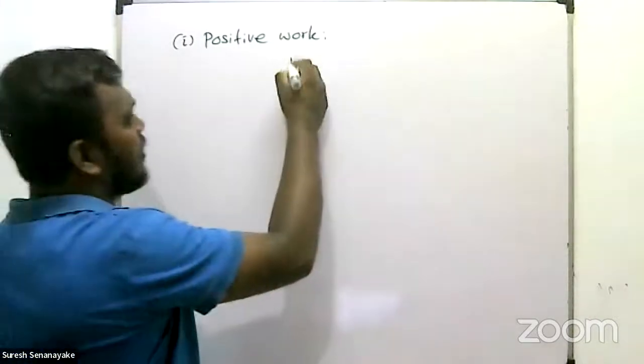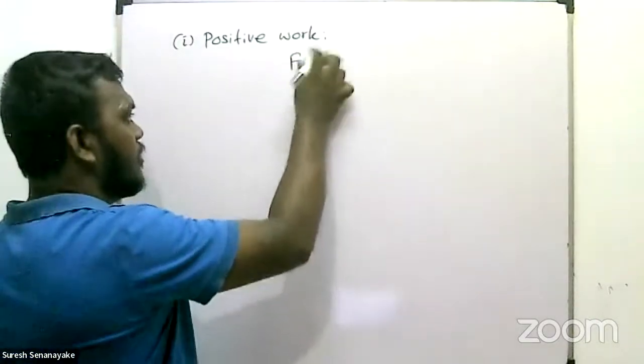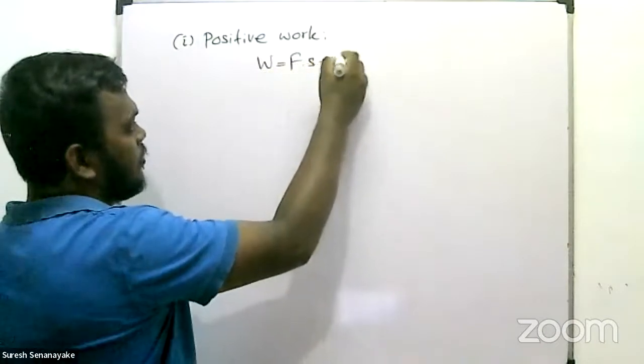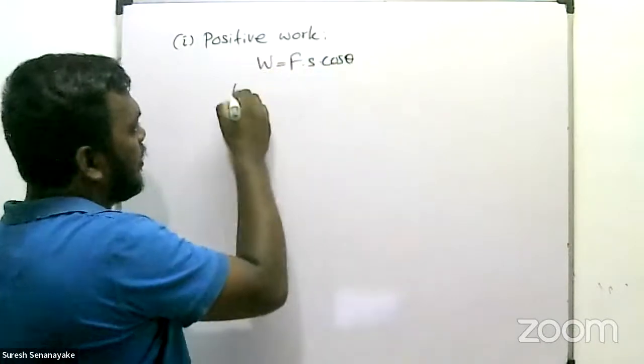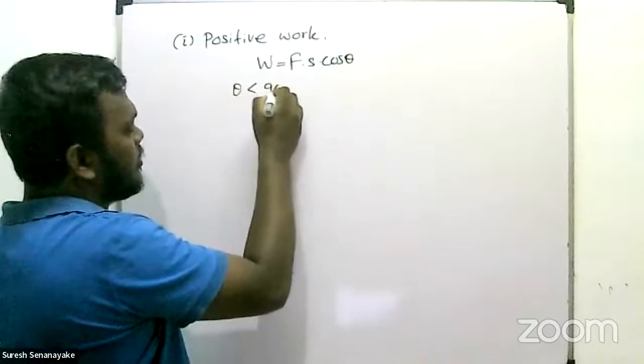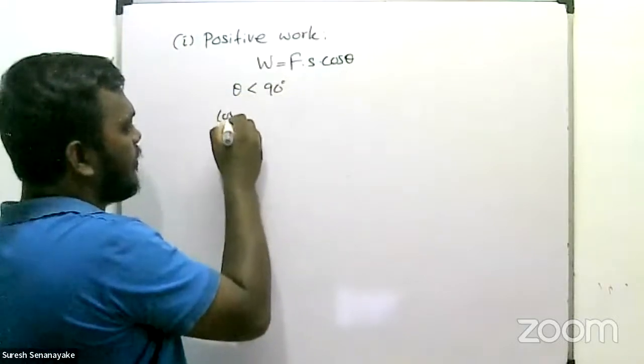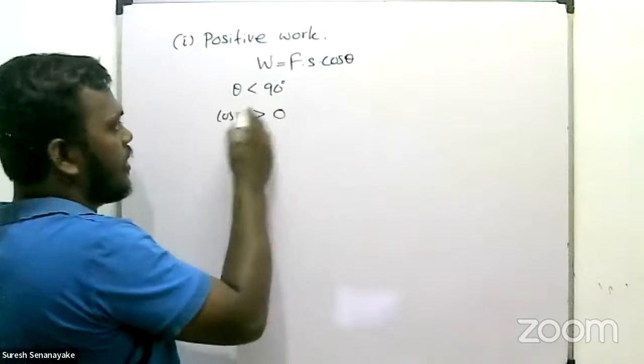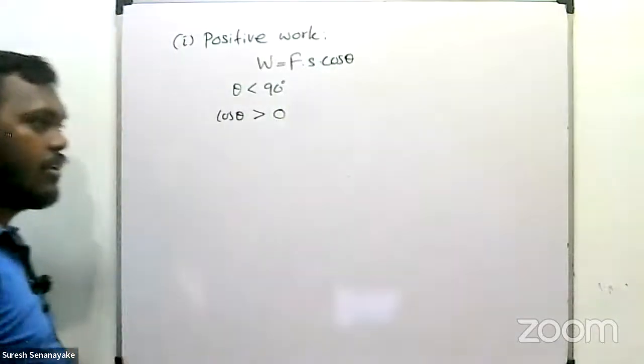Here we know that work done is equal to F s cos theta. So if theta is less than 90 degrees, the cos theta value is greater than 0, because cos theta is greater than cos 90, and cos 90 is 0.